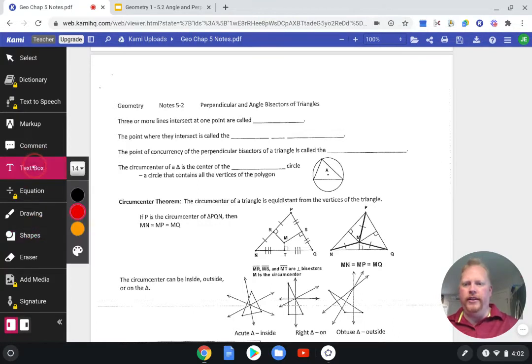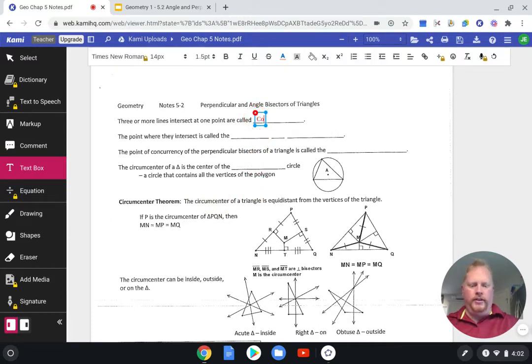All right, so back to the notes. Let's go ahead and fill in some of this vocabulary, which we've already covered. It says three or more lines that intersect at one point are called concurrent. The point where they meet is called the point of concurrency.